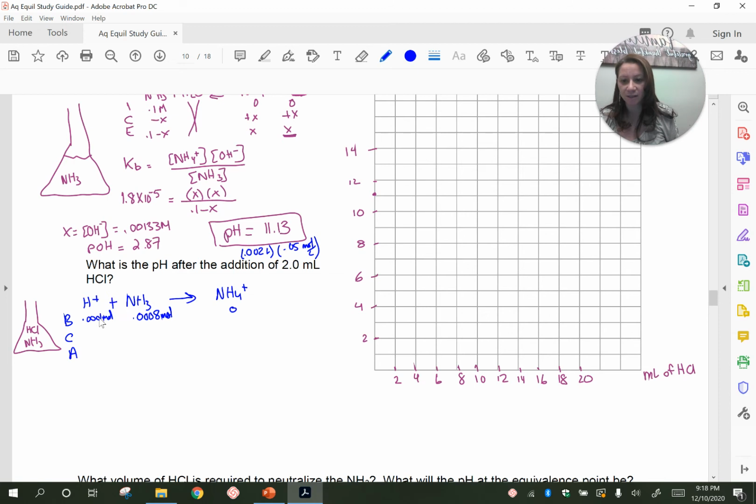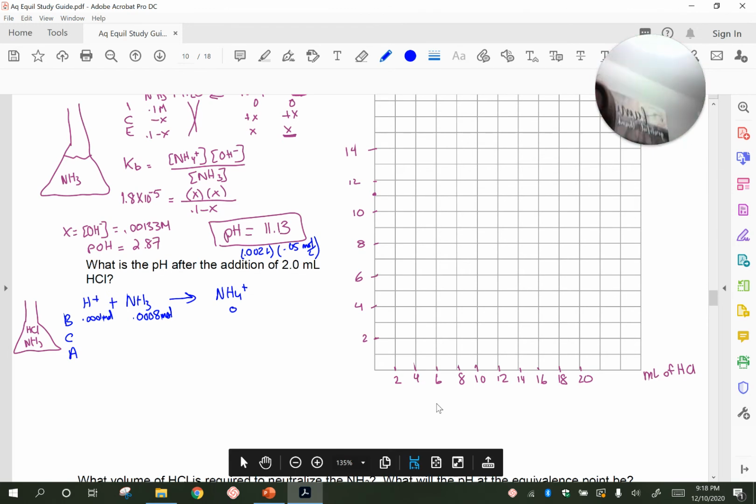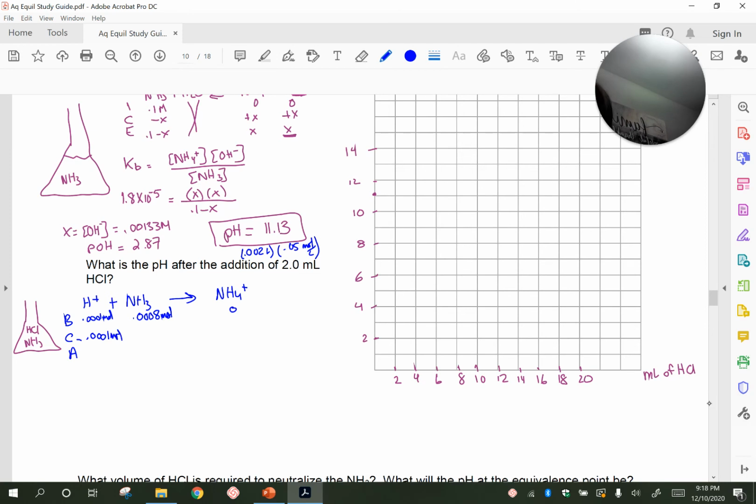So this one is less, and so that's going to be your limiting reactant. So that's what's going to get used up, is 0.001 moles. So we're going to use up all of our acid. We're going to use the same amount of base, and we're going to form the same amount of our ammonium.